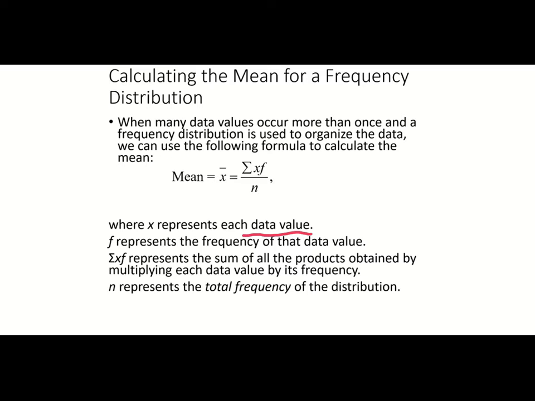Let's say we're talking about test scores. So X could be the test score. F will be the frequency that test score occurs.